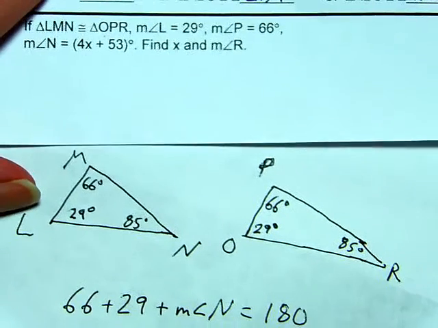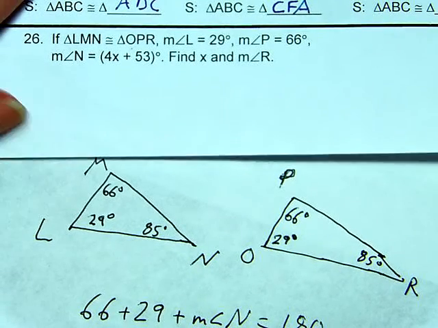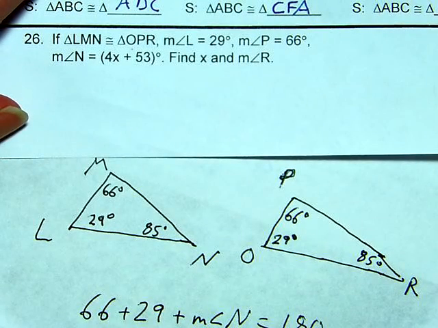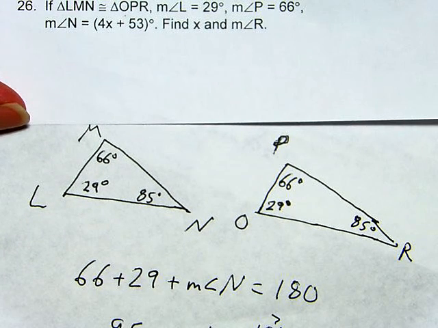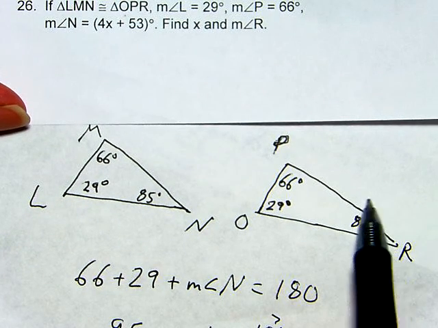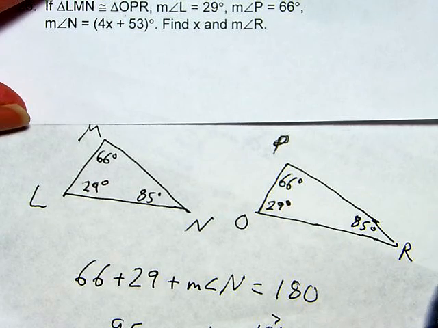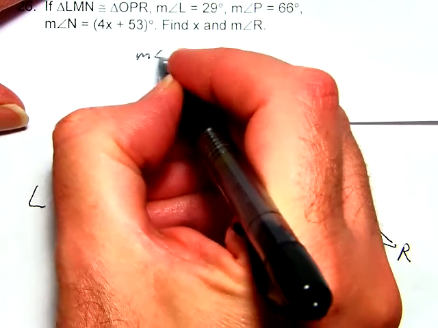Well, we're being told that the measure of angle N equals 4x plus 53 degrees, and that we're to solve for x and find the measure of angle R. Well, we already found the measure of angle R, right? That's right over here. We already know the measure of angle R equals 85 degrees. So that part of it we've already solved.